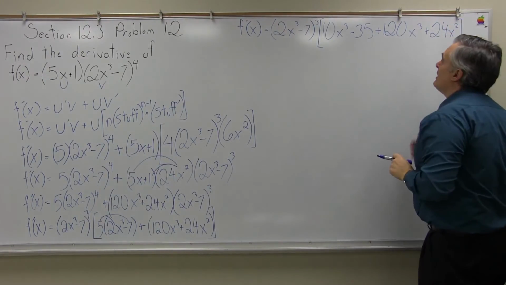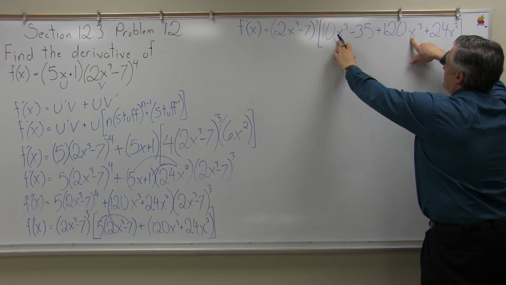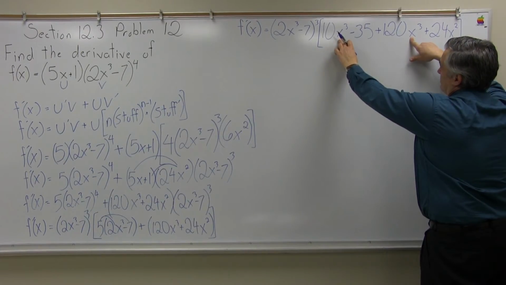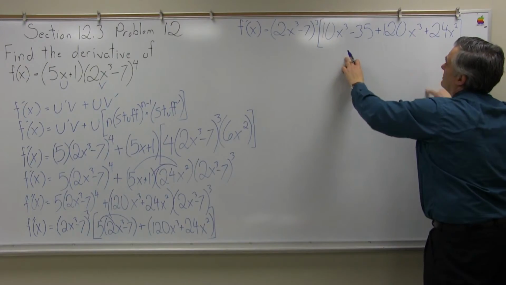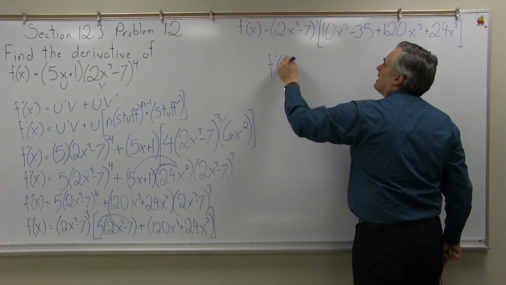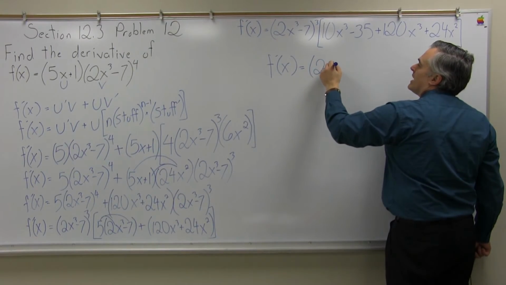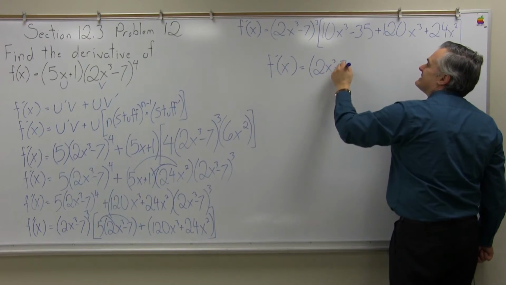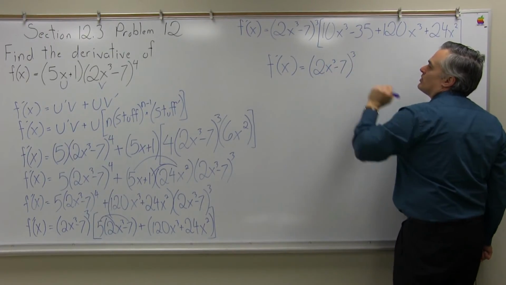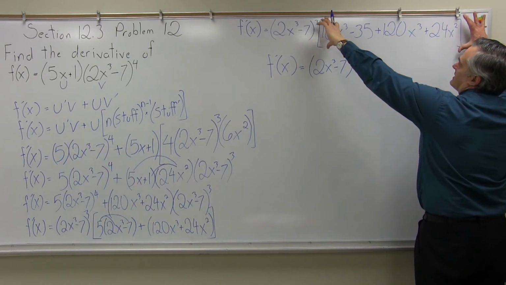And now I can combine a few pieces inside the brackets. I have x cubed showing up in 2 places, so I can put those together. So my final answer, I'll have f prime of x equals 2x cubed minus 7 to the 3rd power. And then you don't have to write the second part as brackets.